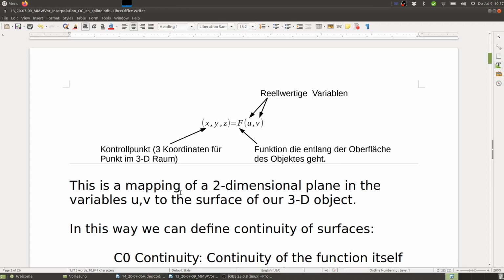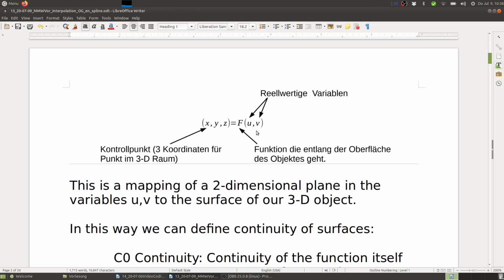So here you can see it. We have the three coordinates of our point in space, x, y, and z. And these three coordinates are generated by a function of two helper variables. So u and v are helper variables, usually between 0 and 1. So they basically can be seen as a piece of a 2D surface.